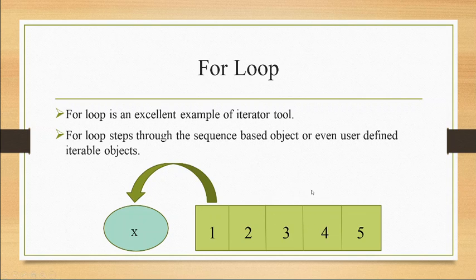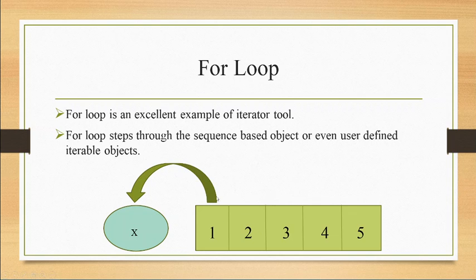As you can see here, we have an iterable object, a list with items 1, 2, 3, 4, 5, and x is taken as a target. Whenever the for loop runs, each item from the list will be contained by the target x. The for loop's body will process it, and after the process, the for loop will contain the next item.